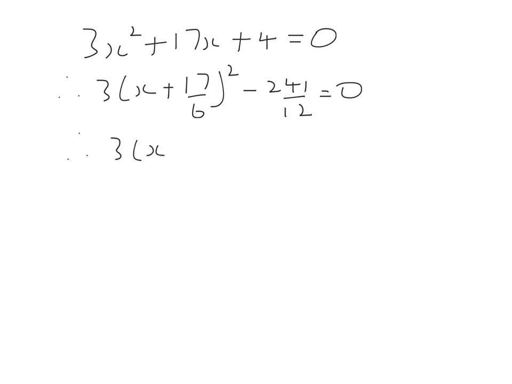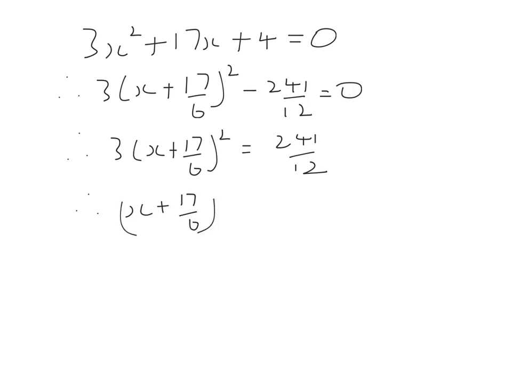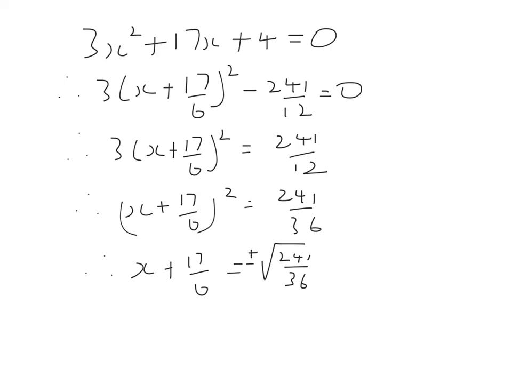So let's add 241 over 12 to both sides. Let's divide by 3. And then let's take the square root. So it's the square root of 241 over 36, and just remind ourselves we can have plus or minus.